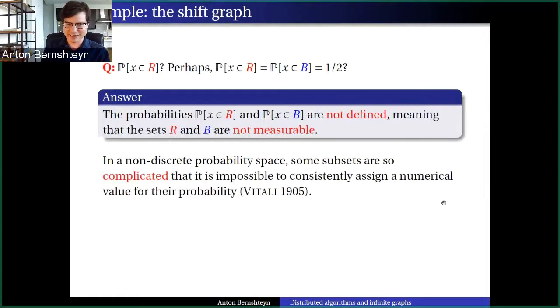This is something that a person working in continuous probability always has to be on the lookout for, and try to make sure that every time you say that you're looking at the probability of some event, this actually is a measurable set you're looking at, so probability is actually well defined. The existence of these non-measurable sets was observed by Vitali in the early 20th century.